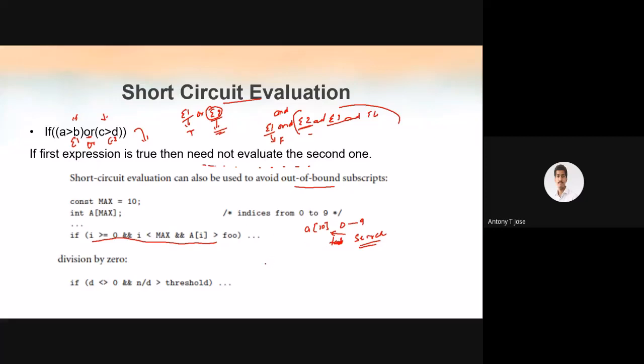So what I'll be doing is writing an expression like: for I equal to 0, I less than 9, I plus plus, and checking if A of I equal to search. Actually, it's not 9: for I equal to 0, I less than 10, I plus plus, if A of I equal to search.